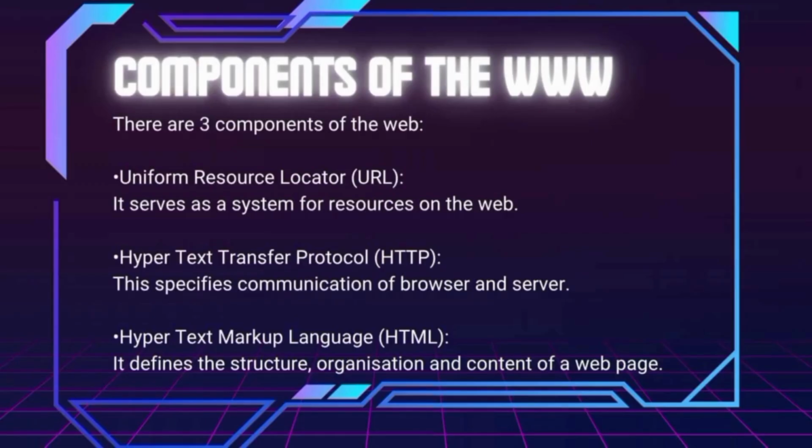The first one is known as the Uniform Resource Locator, the URL. It is the web address that users enter into a browser to visit a website. It serves as an identifier for web resources.